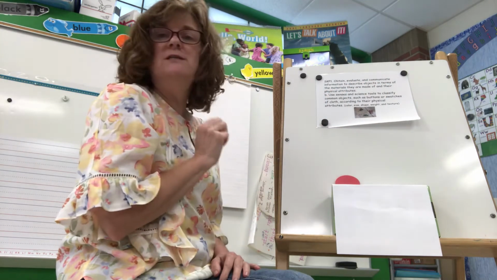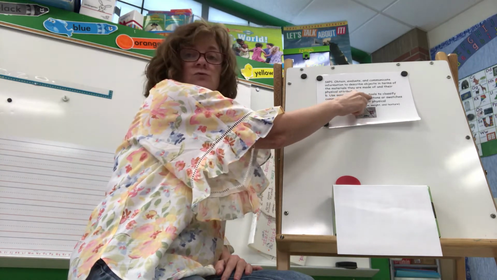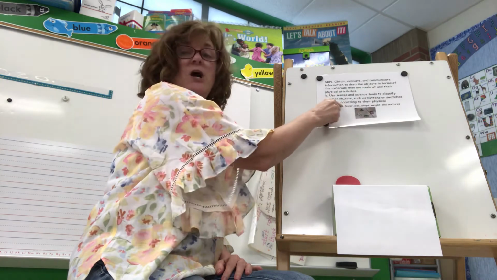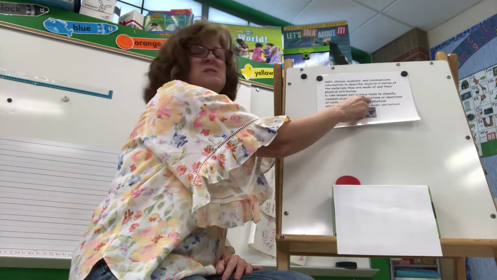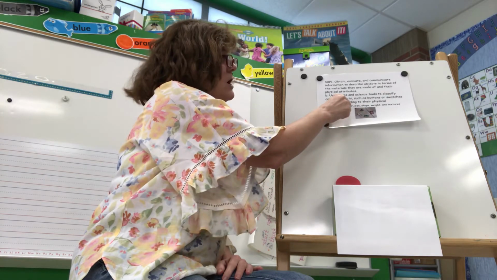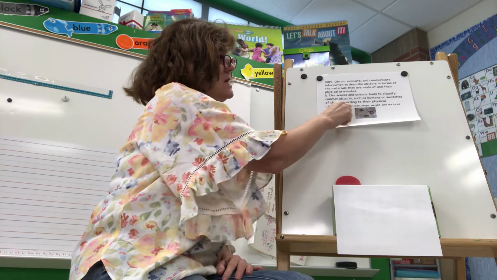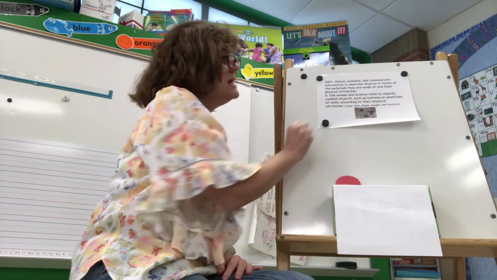Then it goes on to say, use senses and science tools to classify common objects such as buttons or swatches of cloth according to their physical attributes such as color, size, shape, weight, and texture.